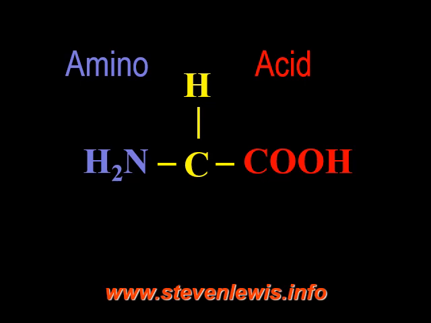The 4th group, however, varies from one amino acid to another, so I've symbolized this group by the letter R. The R group is also called the side chain. Amino acids differ in this 4th group, which accounts for their different behaviors.